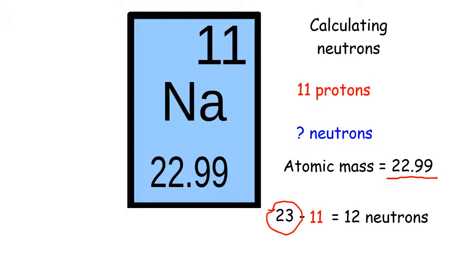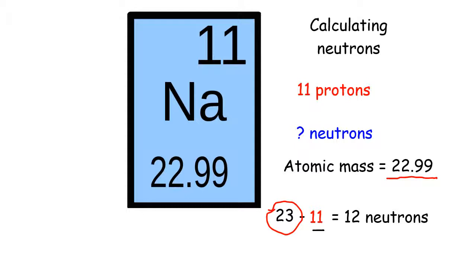In this case, it's 23. If it was 22.0001, I would round it down to 22. Then I subtract the number of protons. So I do 23 minus 11, which is the number of protons, and I'll get 12 neutrons. Sodium has 12 neutrons in it.